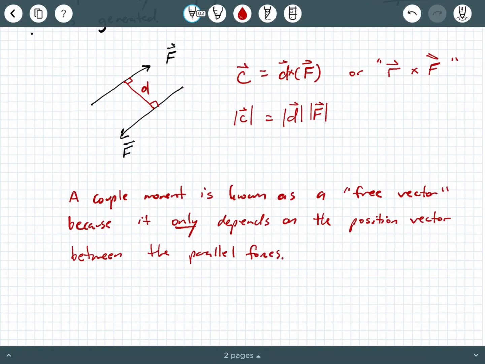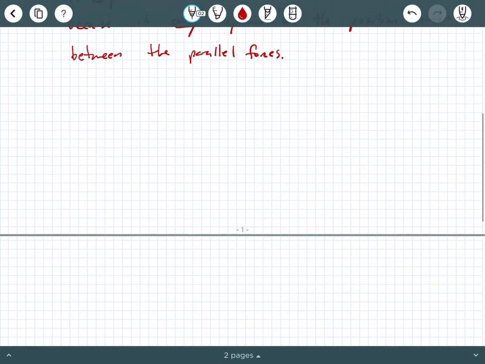Okay, so let's maybe look at a 3D view of this. Let's say that we have some point down here. Let's call it the origin. Again, I'm going to try to draw this in 3D. Let's say I have a force vector here, and I have a parallel force vector here with the same magnitude.